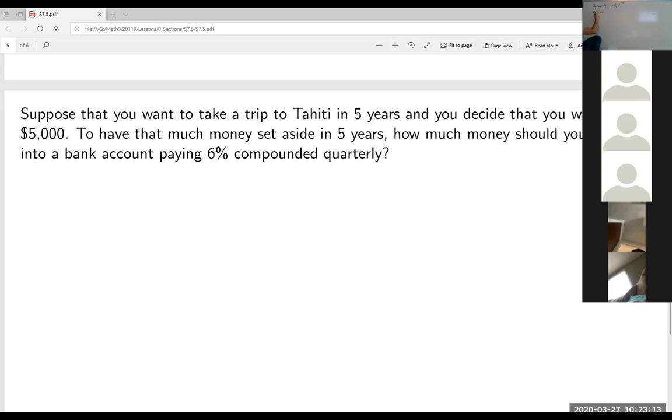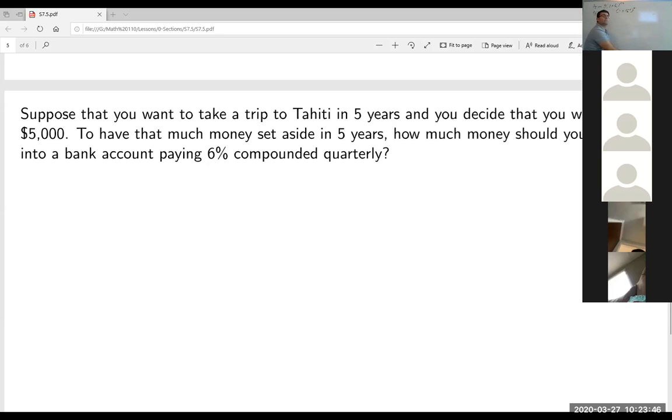So A is 5,000. What about any of these other numbers up here? Well, R would be 0.06. Yep. N would be 4. Why would N be 4?